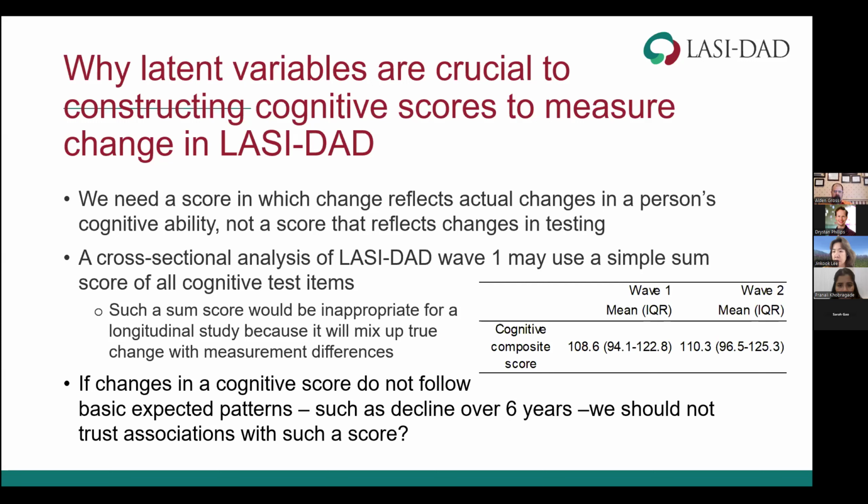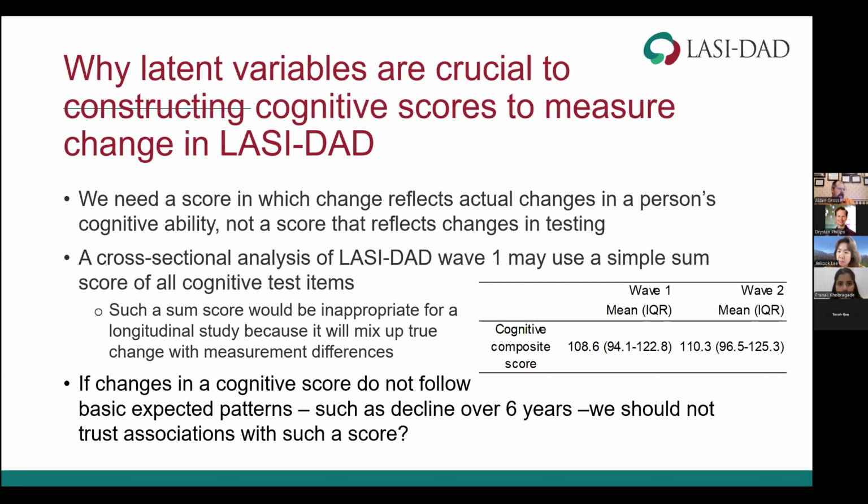In a table on the slide, what I'm showing here is if you do compute a composite score in which you take every cognitive test out there in wave one and you sum the raw scores, and you do the same for wave two, the mean at wave one of these scores is about 108, and the mean for wave two is about 110. That shows improvement.